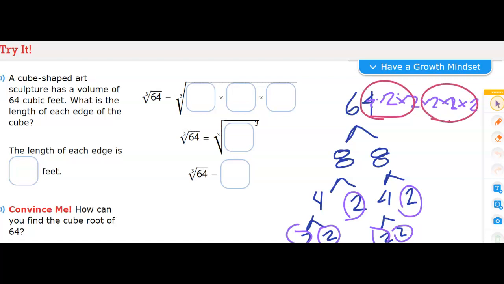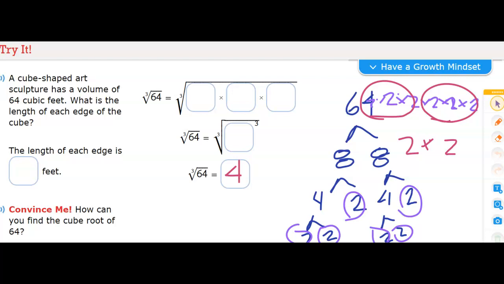When that happens, we can pull it out from under the root sign. So we have 2 times 2, and then you multiply those together and you get 4. So I know my cube root of 64 is 4.